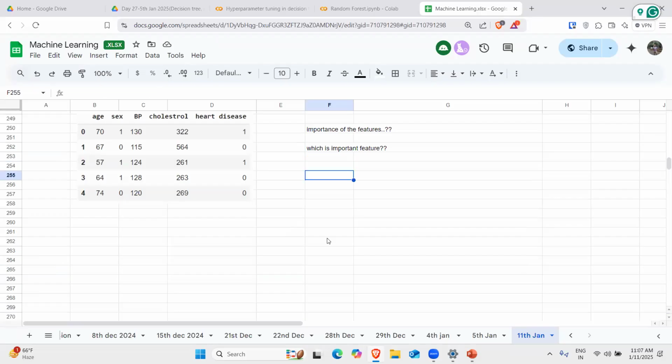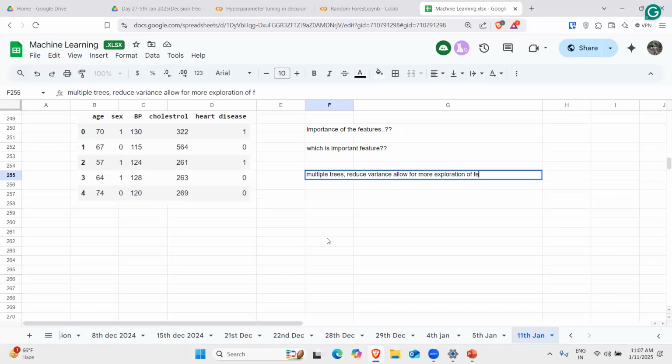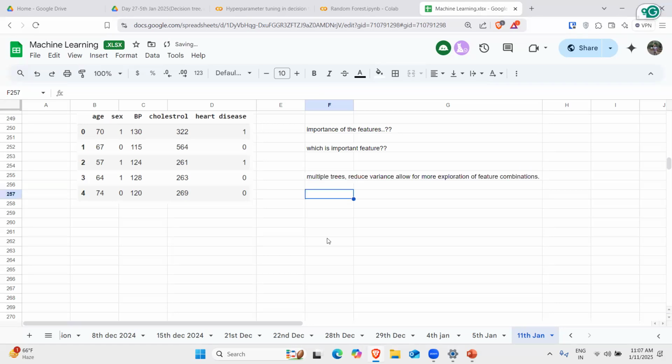So for that, the notion is that random forest uses multiple trees, right? And it reduces variance, and it allows for more exploration of feature combinations, right? So wouldn't it be great if you could use random forest for feature importance?